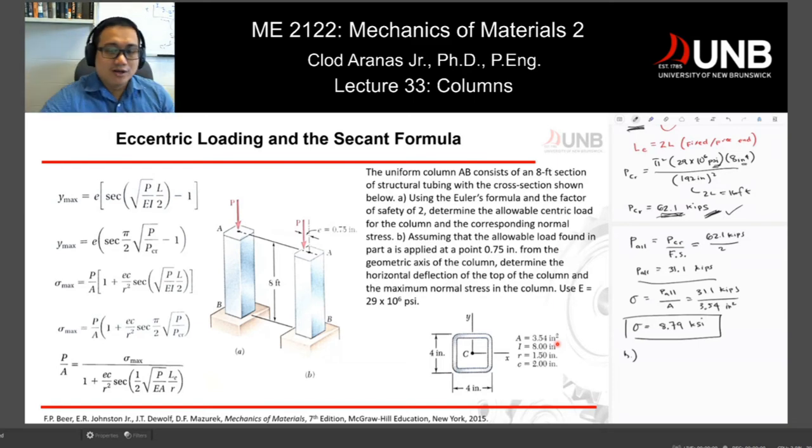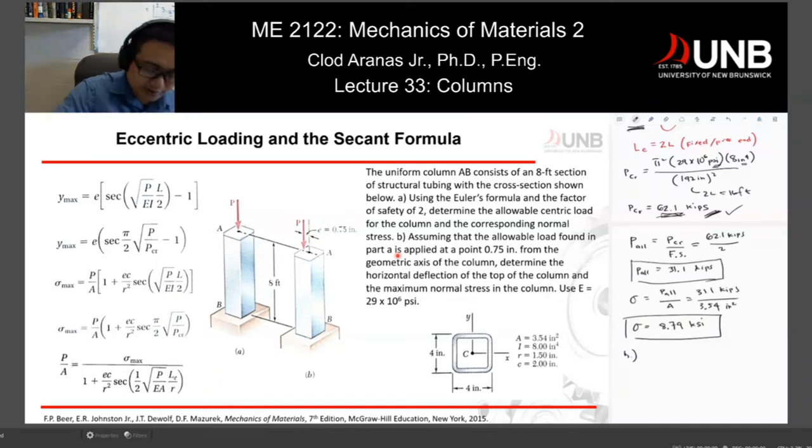So let's read letter B. Assuming that the allowable load found in part A, which is 31.1, is applied at a point 0.75 from the geometric axis of the column. So we have a 0.75 distance from this central point there.